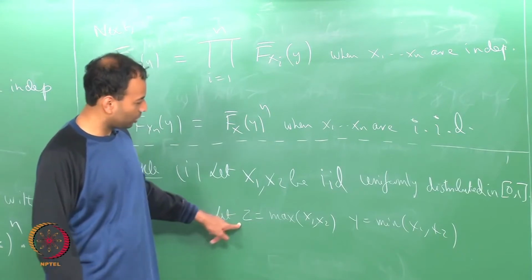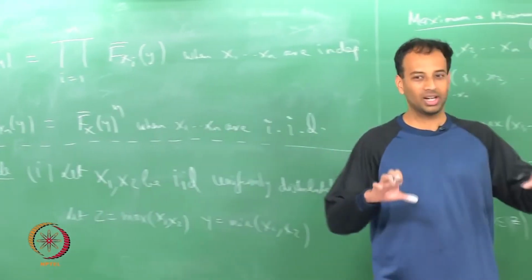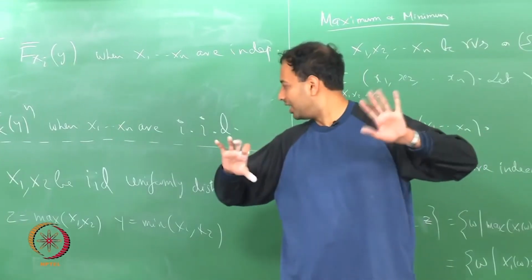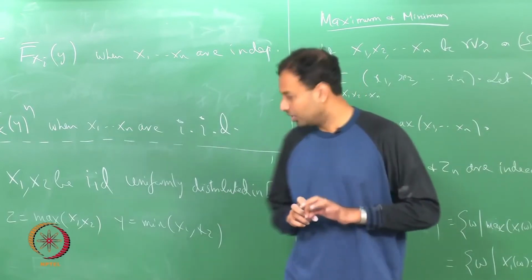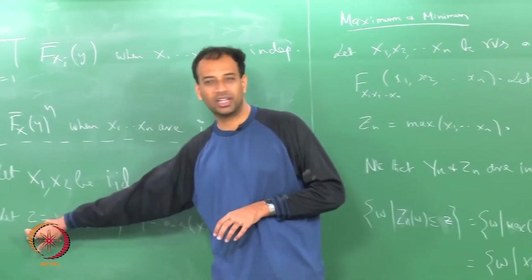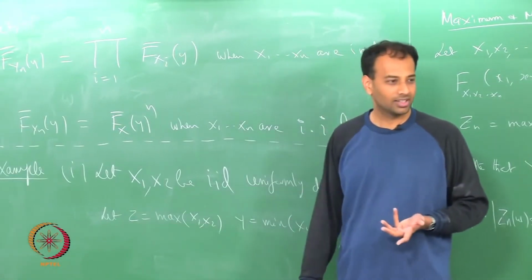See, it is clear that both z and y have to take only values in 0 1, right. We are talking about 2 random variables which are both taking values in 0 1. We know that z and y have to be dependent because z is bigger than y.